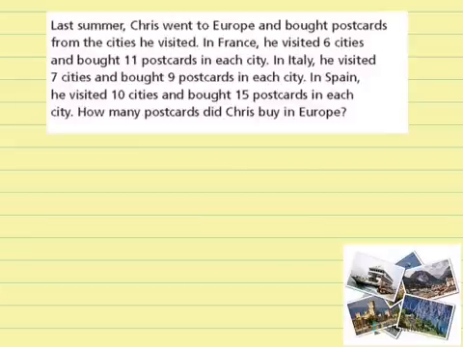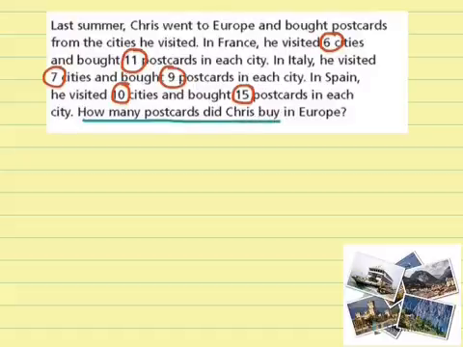All right, I'm going to use CUBES to analyze this problem. So first I'm going to circle the numbers. Then I'm going to underline the question. Okay, how many postcards did Chris buy in Europe?